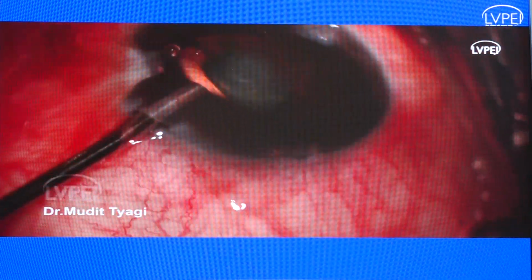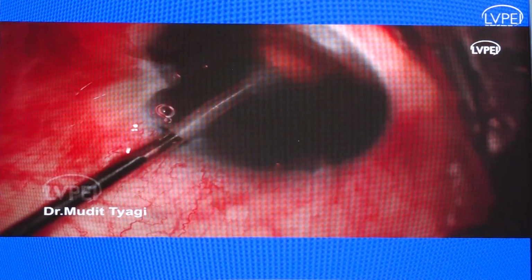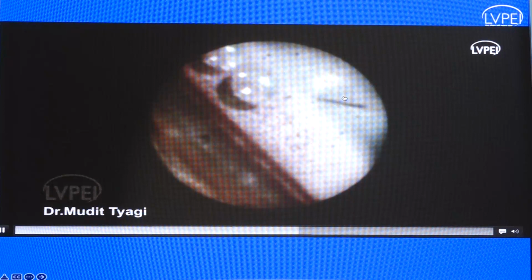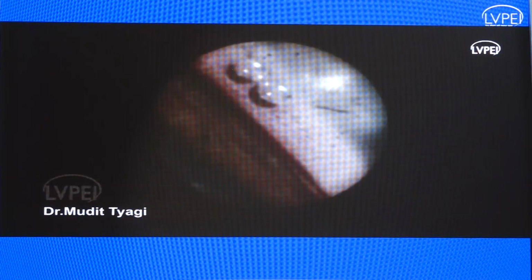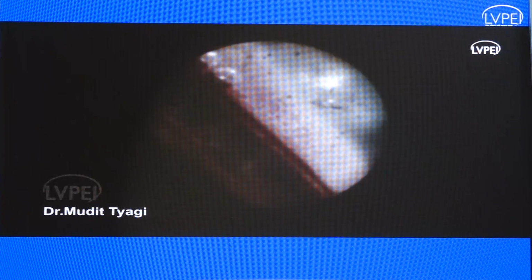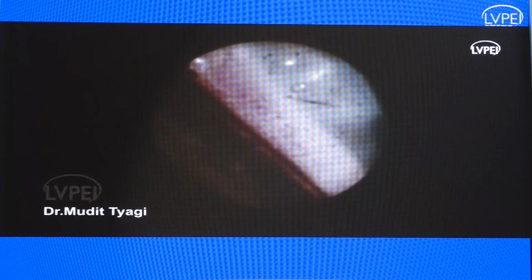So we were able to go inside, and subsequently what we found, when we visualized the angle, was that we were able to visualize the stinger over here, which was deeply embedded. And then from the other side, we just made one more entry, got inside the eye. We are deepening the angle with the help of a viscoelastic. And the endoscope again beautifully allows us to visualize these angles.